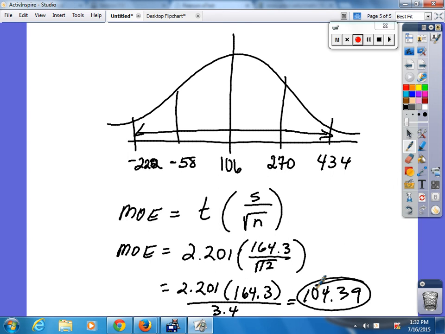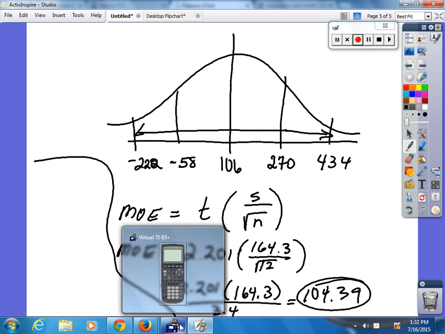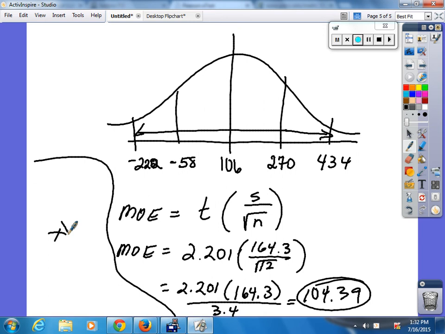So you got 104 margin of error. So that means that your prediction with a 95% confidence level is that your mean for your population, I guess. I got 50 something. You got 106.36. I'm still way off.